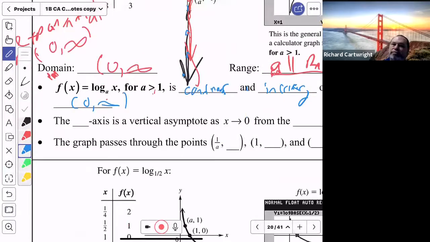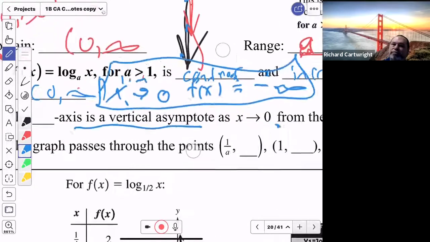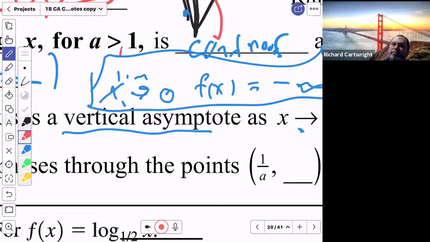The blank axis is a vertical. The y-axis is a vertical asymptote as x goes to 0, which means the limit as x approaches 0 of my f of x, whatever that is, will be negative infinity. I'm just giving you this extra thought. There's something else I should put in there that might be way over your head because it's calculus.